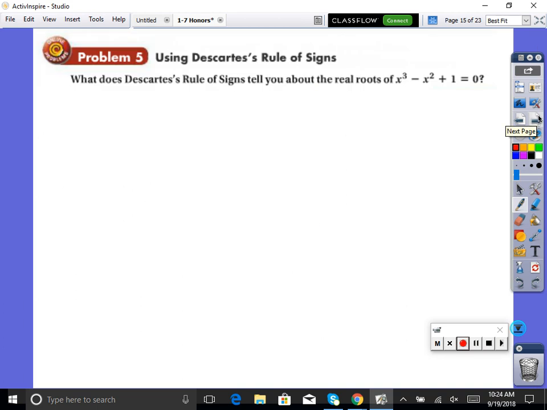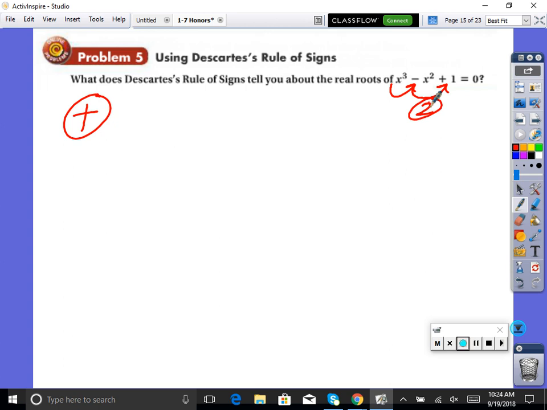Okay, so let's answer this question. What does Descartes' rule of signs tell you about the real roots of the polynomial? Let's figure out how many positive real roots we could have and how many negative real roots we could have. So let's start with positive. For positive, you always count the signs of the original. So here we go. Positive to negative, negative to positive, that was our second one.